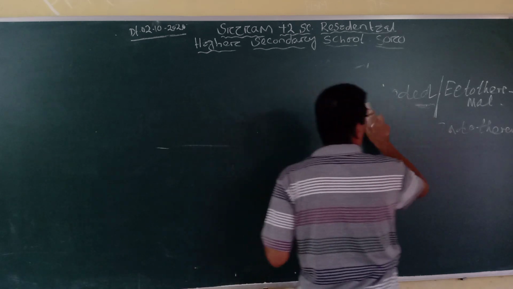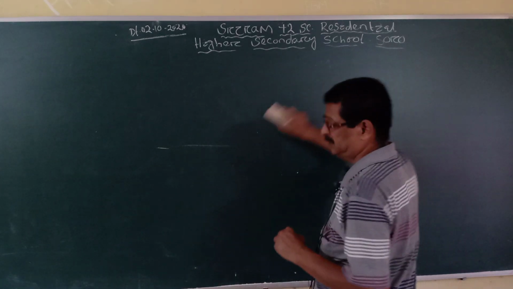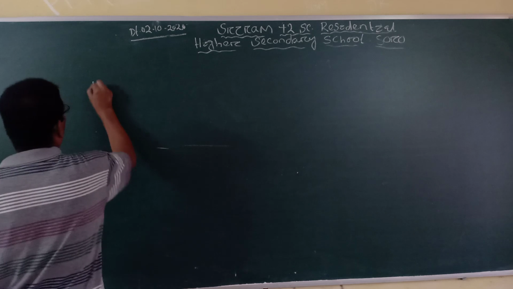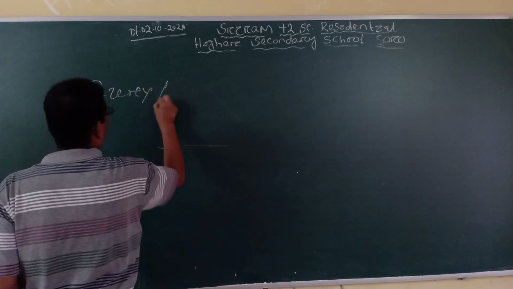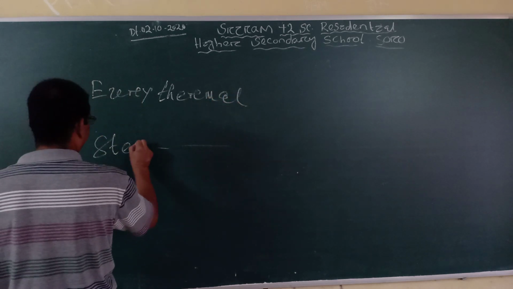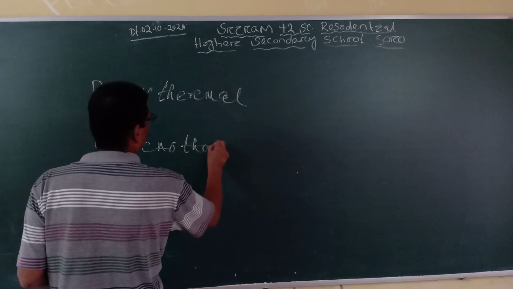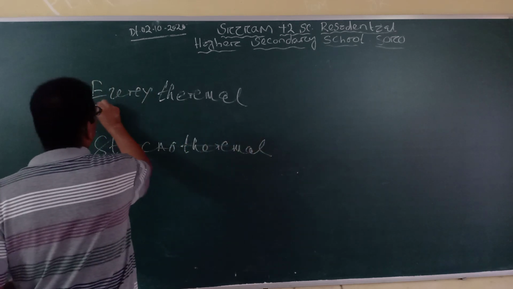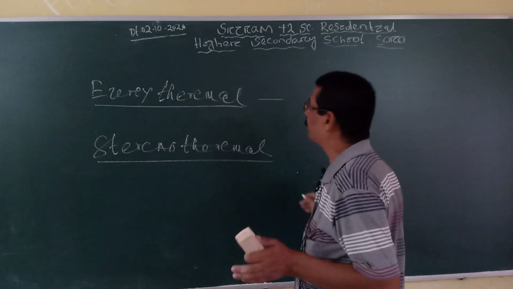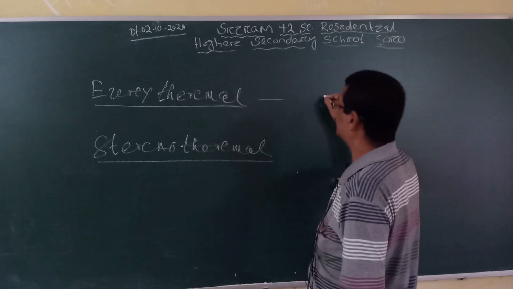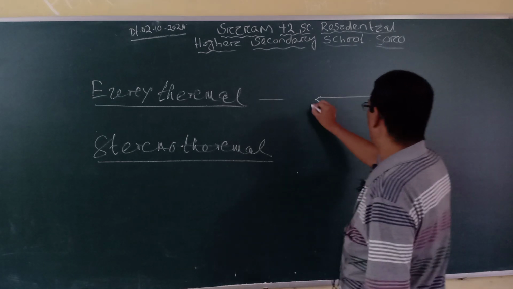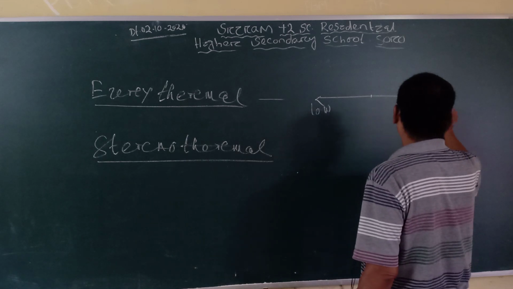Eurythermal means the animals who can tolerate a wide range of temperature fluctuation, suppose from low to high, that is a wide range.